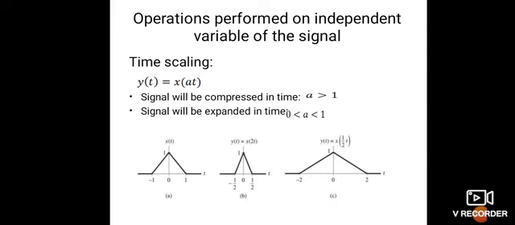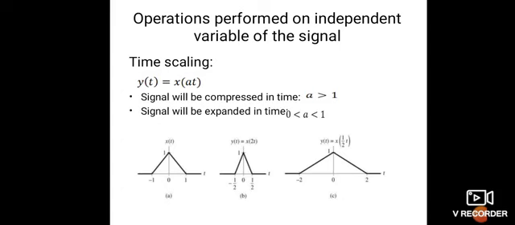Here I am taking one signal y(t) equal to x(at), where a is a value, and depending on that value the signal will be compressed or expanded. If a is greater than 1, the signal will be compressed in time.